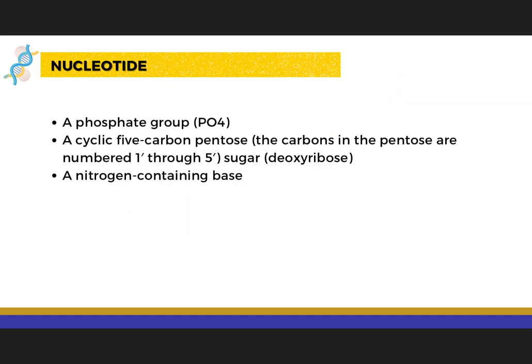Now let's talk about your nucleotide. So your nucleotide is composed of your phosphate group, your cyclic 5 carbon pentose sugar, and a nitrogen containing base. So wag malilito, again, nucleotide is composed of a nitrogenous base plus a pentose sugar plus phosphate.